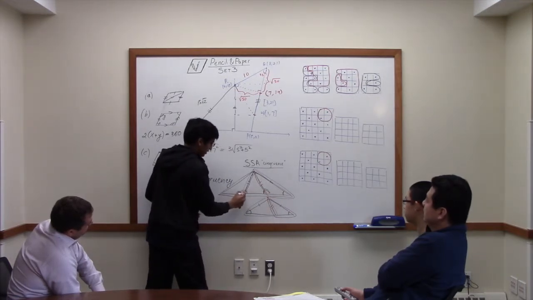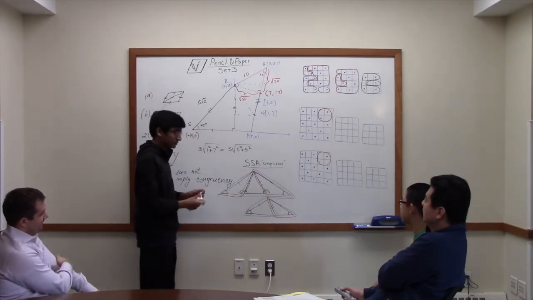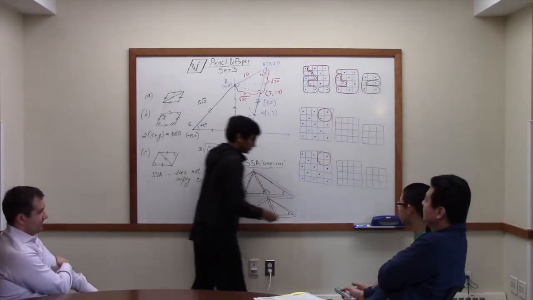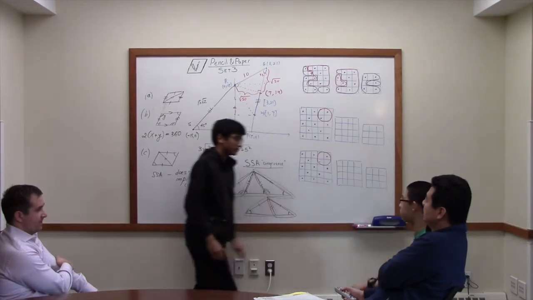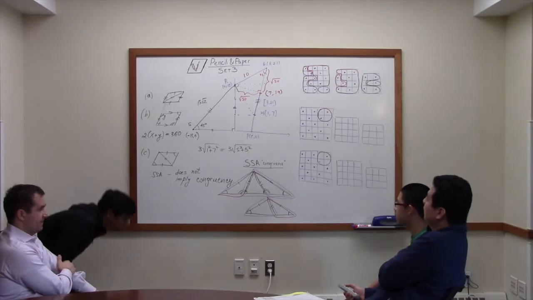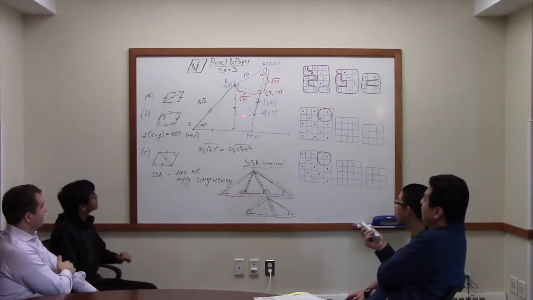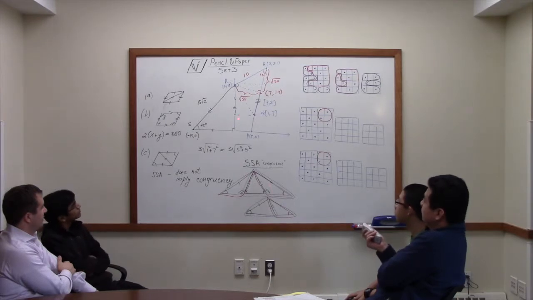So the same thing here. In fact, a pretty interesting fact says that if SSA fails, meaning they're not congruent, then one pair of corresponding angles is supplementary. So there are only at most two, right? So where did this come from? This comes from which structure?